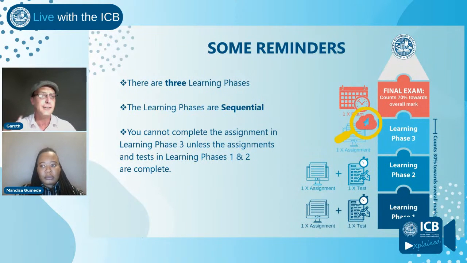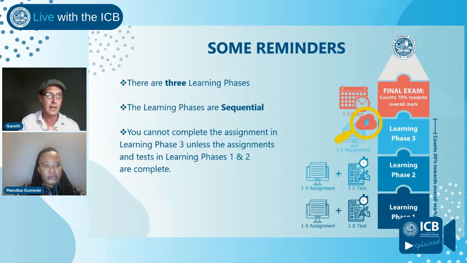So Mandisa, as you know, one of the things that we've covered is that the POE now contains 3 learning phases, and it's very important that these learning phases are sequential. So if I'm looking at the POE, I cannot do learning phase 2 until I have completed learning phase 1, and that is the assignment and the class test.